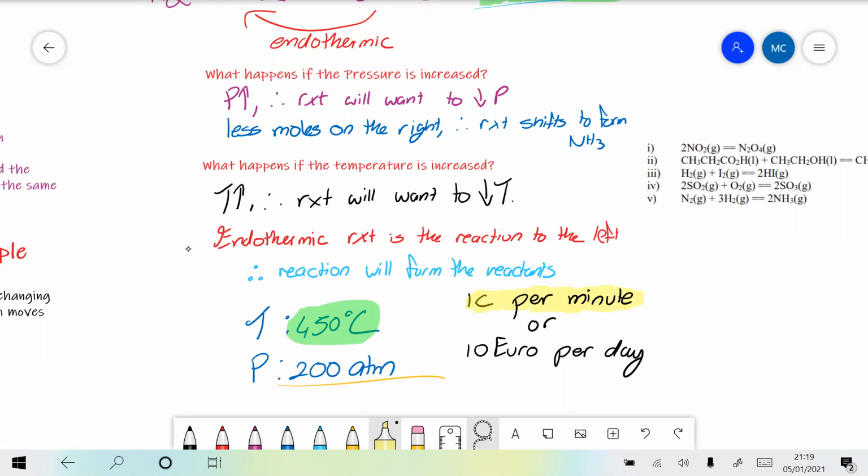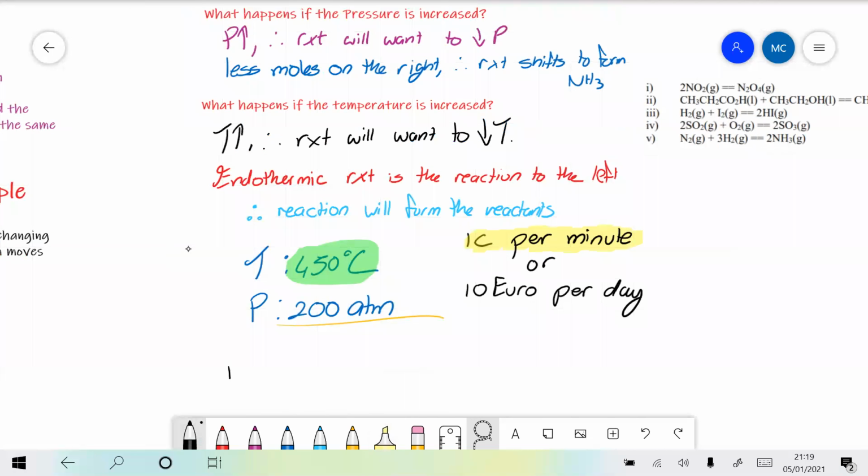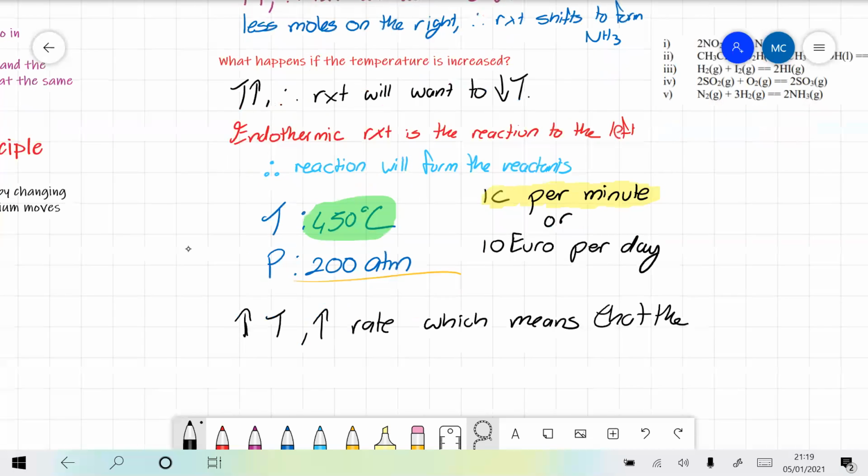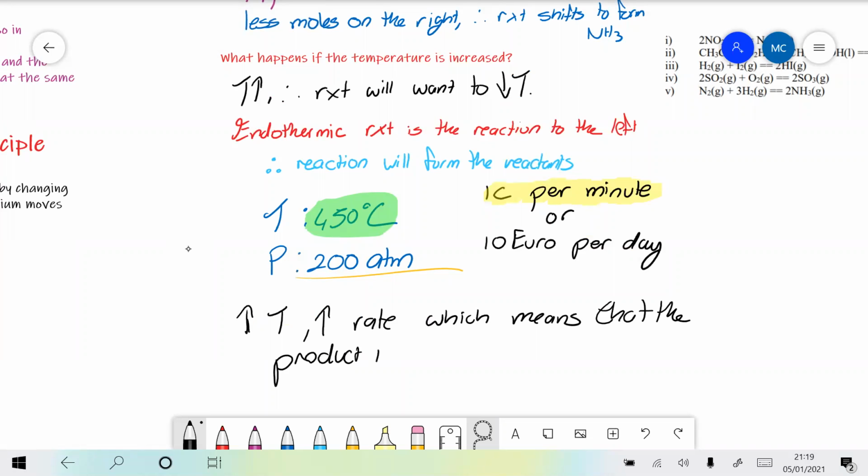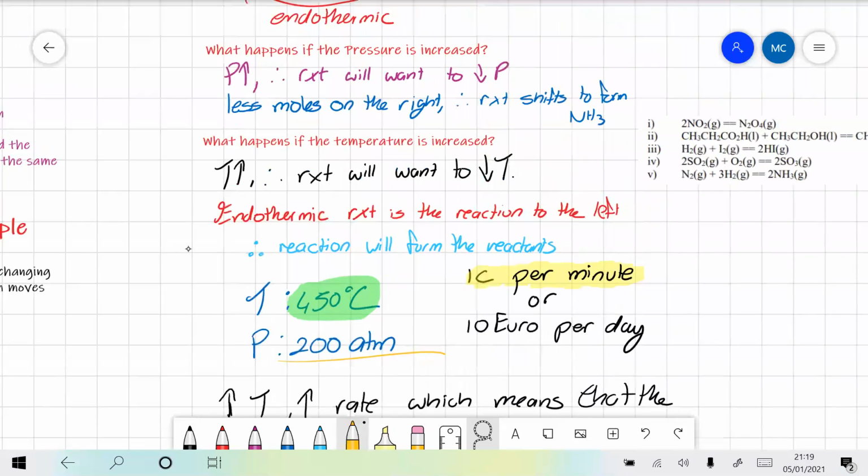And in fact, increasing temperature increases the rate, which means that the product is formed faster. And if the product is formed faster, even if the yield is lower, overall there will be a lot more product obtained.